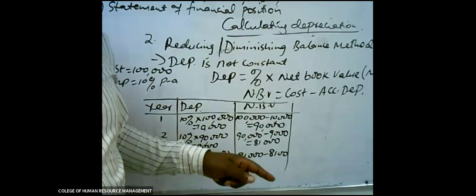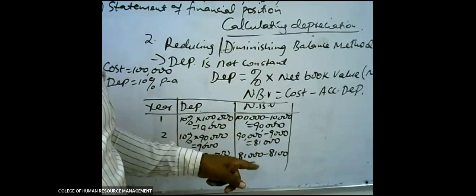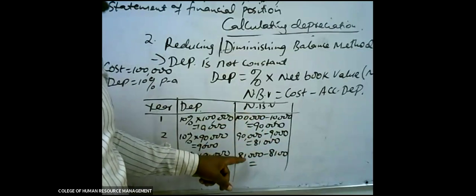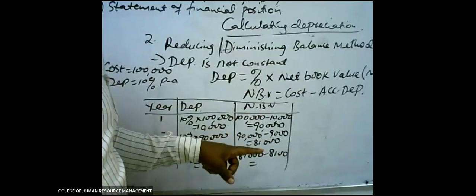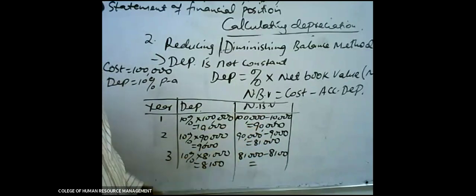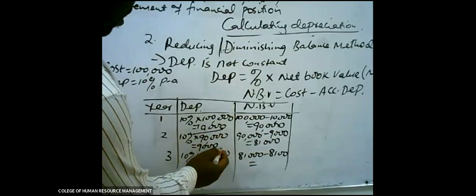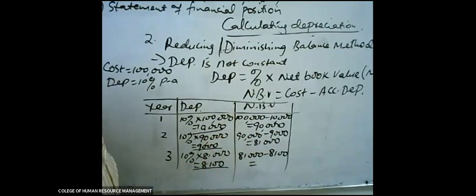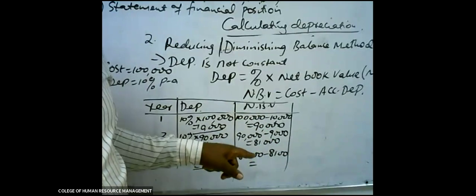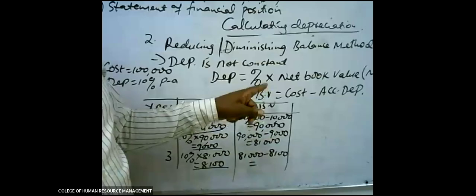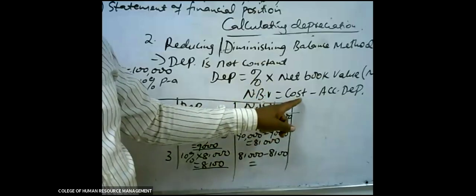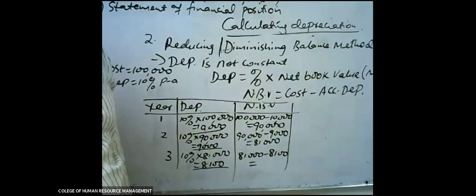Depreciation keeps on reducing, because the net book value keeps on reducing. If the net book value keeps on reducing, the depreciation reduces. Remember, year 1 it was 10,000, year 2 9,000, year 3 8,100. So it is diminishing, because even the net book value is diminishing, and we are calculating depreciation on the net book value, the cost minus the accumulated depreciation. So that is how we do it.